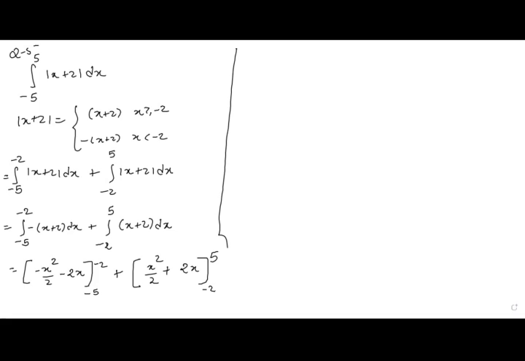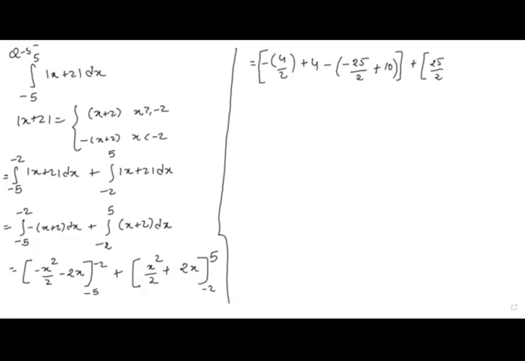Keeping the upper limits and lower limits, I will have minus into minus 2 square is 4 by 2 minus minus 2 to the 4, minus bracket keeping minus 5 will give me 25 upon 2 minus minus plus 10, right, bracket over plus keeping 5 will give me 25 by 2 plus 10 minus keeping minus 2 square is 4 and minus 2 to the 4.